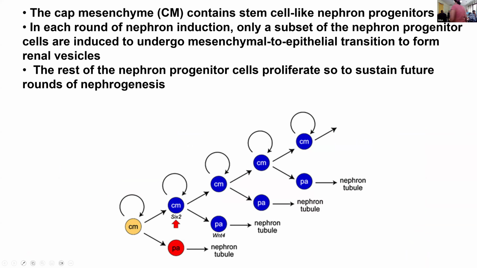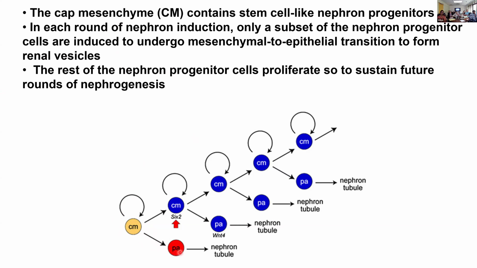Okay. So then one would ask, you have one tip, one cap mesenchyme, and it gets induced to differentiate into nephron, then how can one generate, on average, 1 million nephrons in humans? That is because the cap mesenchyme actually contains stem cell-like nephron progenitors, such that in each round of nephrogenesis, only a subset of them gets induced to the pretubular aggregates.